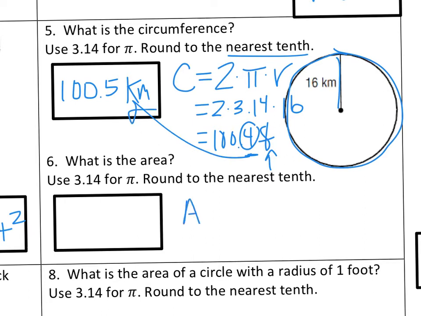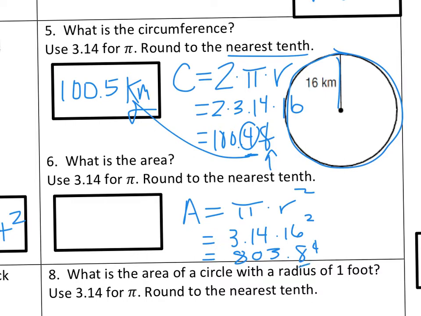All right, what's the area? Well, area of a circle is pi times radius squared. That's the tool we need to use. So we plug in our 3.14, we plug in our radius, which is 16, and we square it. And this equals, if we do it correctly on our calculator, 803.84.